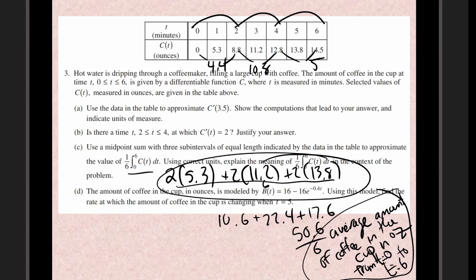Yeah, I definitely goofed that. 13.65. Isn't it 27.6 instead of 27.3? Oh my gosh. So that actually divides nicely: 10.1. So 10.1 ounces is the average amount of coffee in the cup from 0 to 6, based on this approximation. Which, based on the values, seems like a kind of crappy approximation. Oh well.